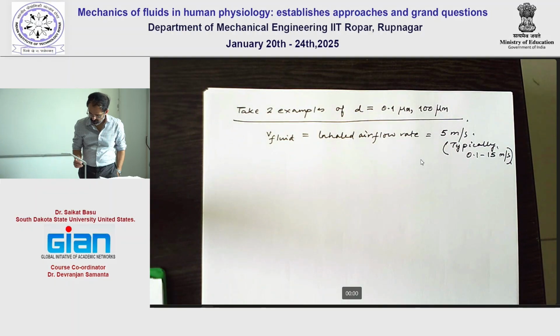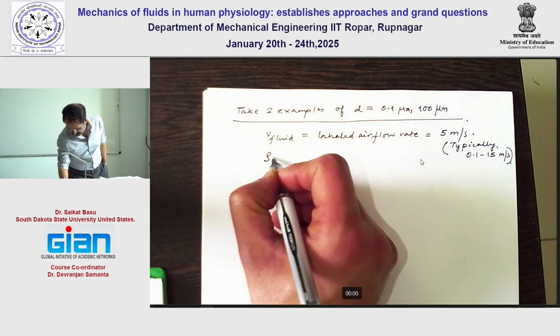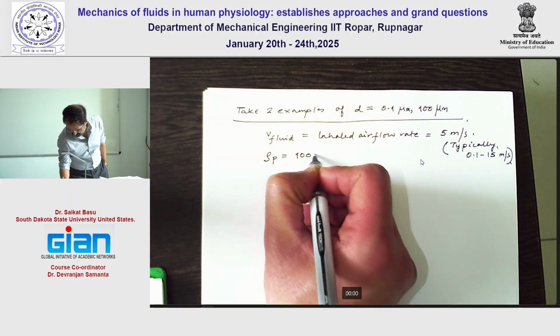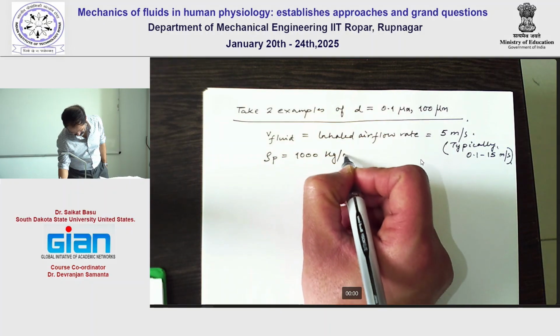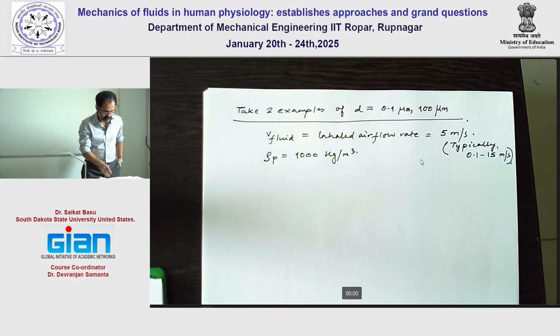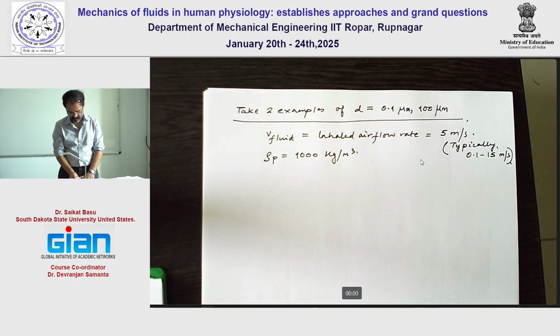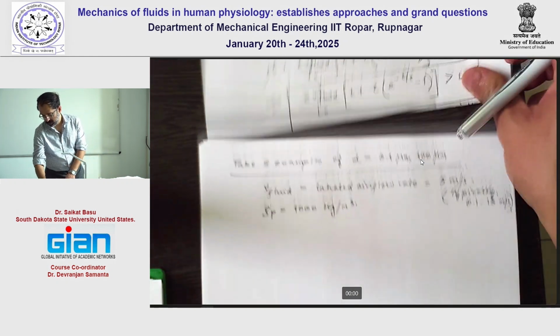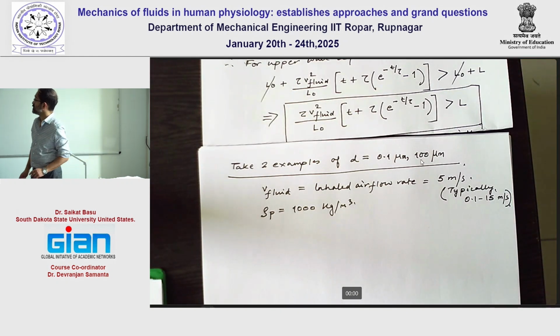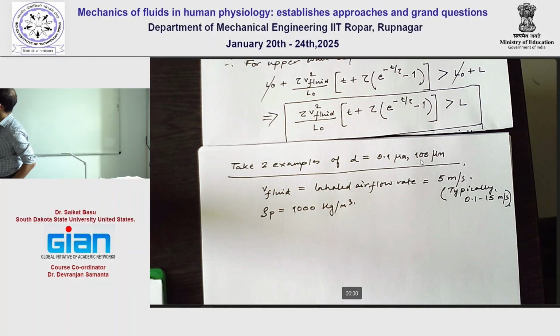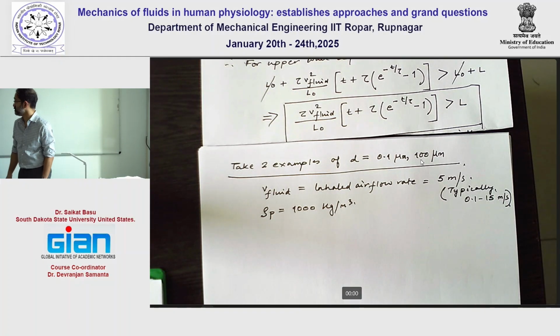The rho p, let's assume that we are still dealing with water particulates, so rho p is 1000 kg per cubic meter. This is the formulation that we are dealing with, so tau is there, and tau does have the slip correction factor based on the particle size.